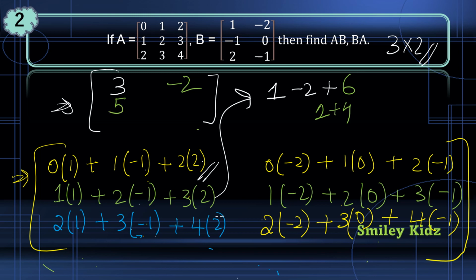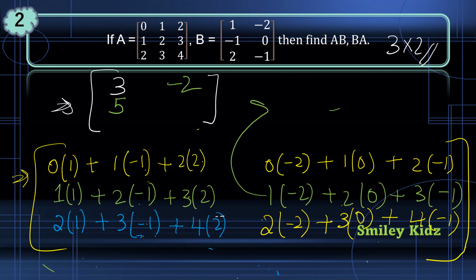Then take this element. This is going to be minus 2 plus 0 minus 3, which is minus 5. So here you're going to have minus 5. Take this one right now: 2 minus 3 plus 8.